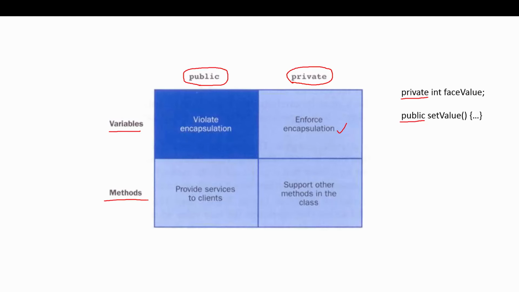Then we come to private methods. For private methods, remember that only the other methods in the class, right, the things inside that class, will be able to call them or use them. So in this case, when we have private methods, what that is actually representing is support methods, right? Methods that will be used by other methods in a class to get their work done. Often they represent that you've decomposed or broken down a problem, right? Maybe you have a method that does a lot of stuff.